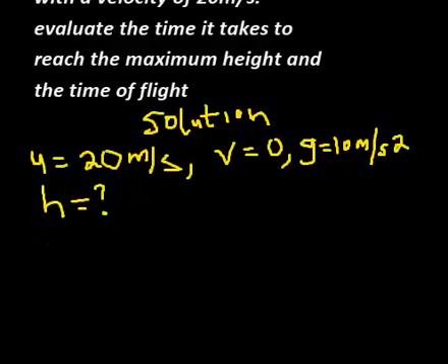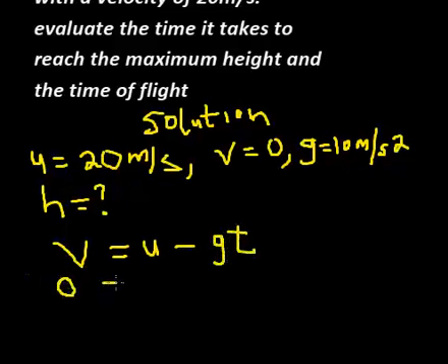You discover that the equation that carries these 4 parameters is the first equation, V is equal to U plus or minus gT. Since it's an upward movement, I'm going to take the minus. So V is 0, U is 20, minus g is 10, times T. Take the minus 10T to the other side of the equation.